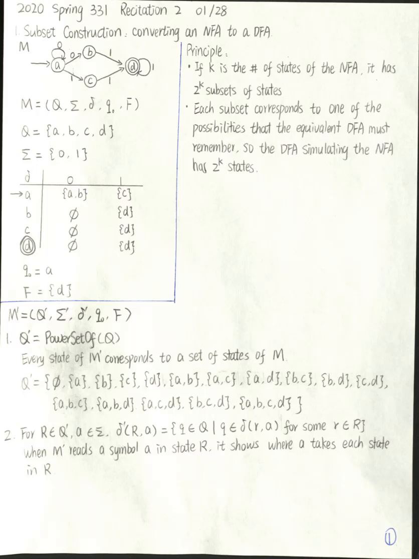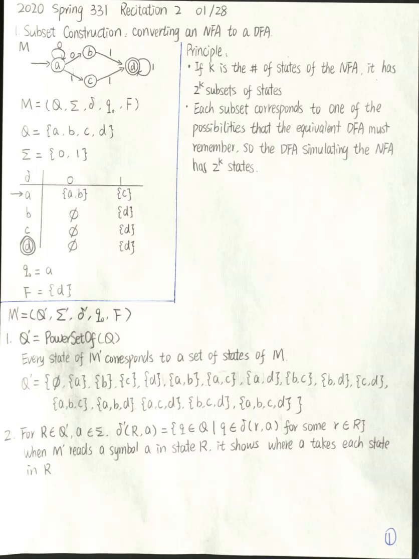The principle to convert an NFA to a DFA is to use subsets. So every state of this DFA M prime corresponds to a set of states of M. That means these sets are reachable from the start state by reading some string.